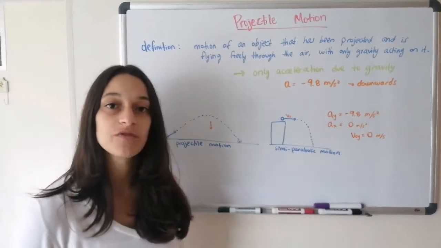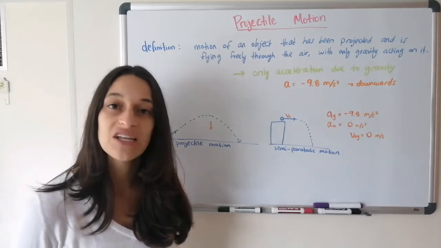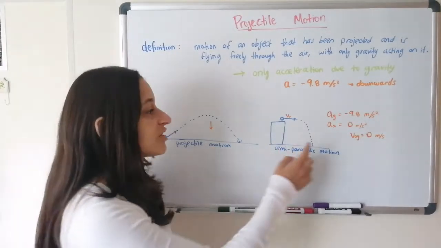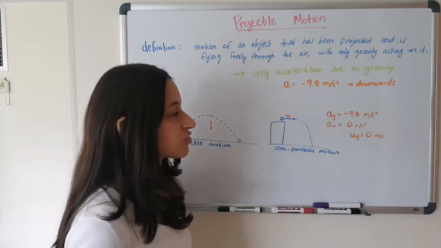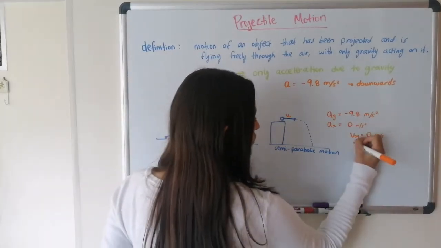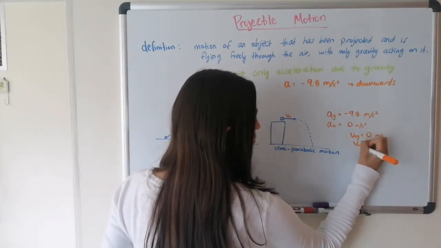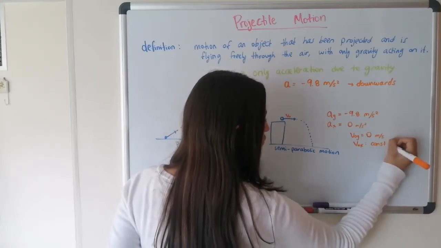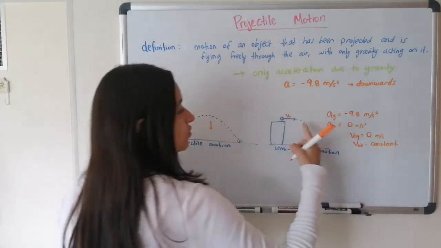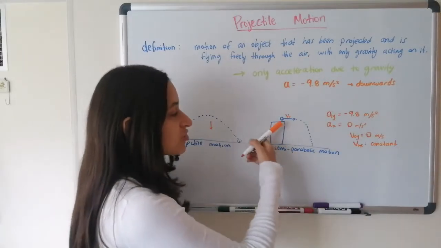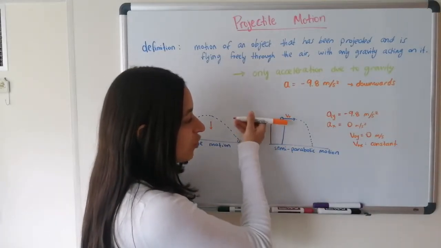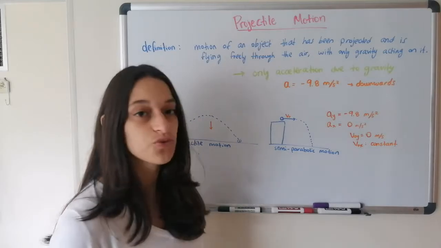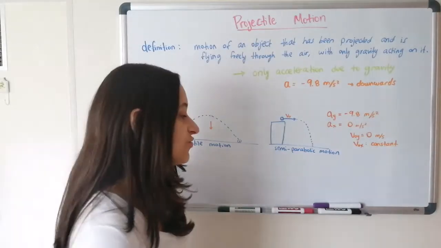And what do we know about the velocity in the horizontal direction? It's constant. There's no acceleration in the horizontal direction, so the velocity in the horizontal direction is constant and it will never change. So what will happen to this ball? Initially it'll only have a velocity to the right because that's the initial velocity.